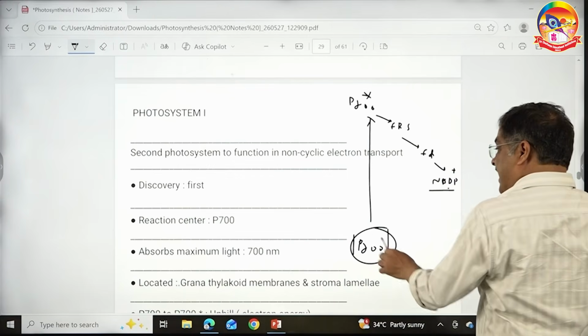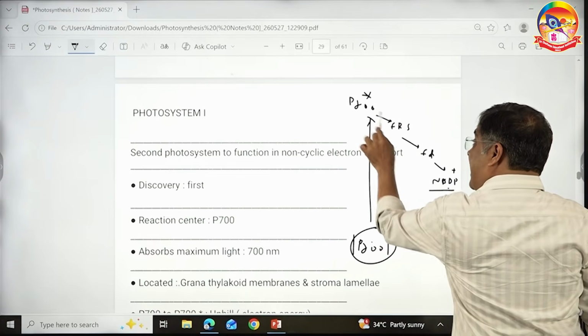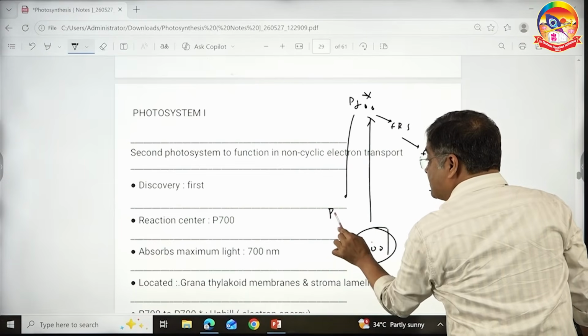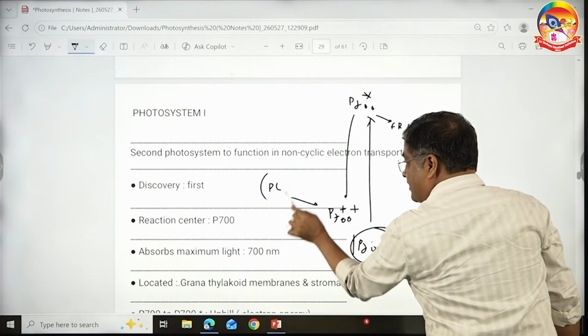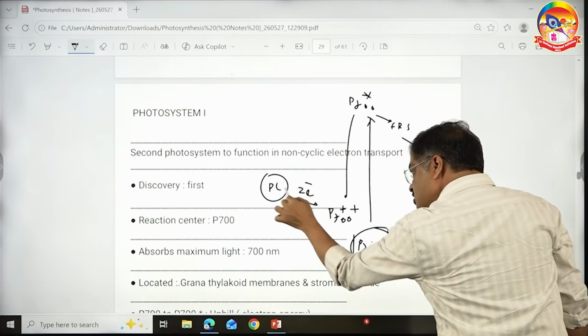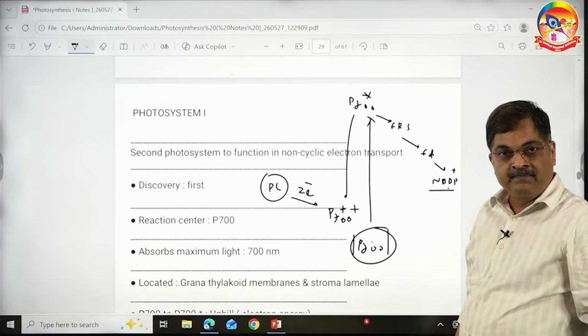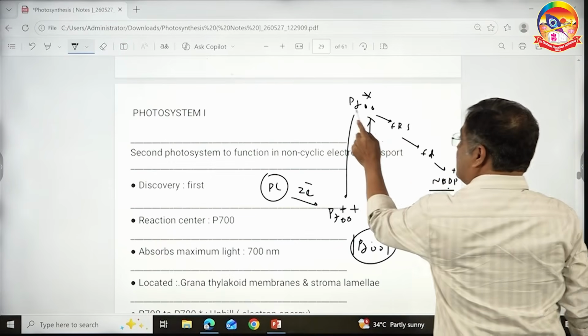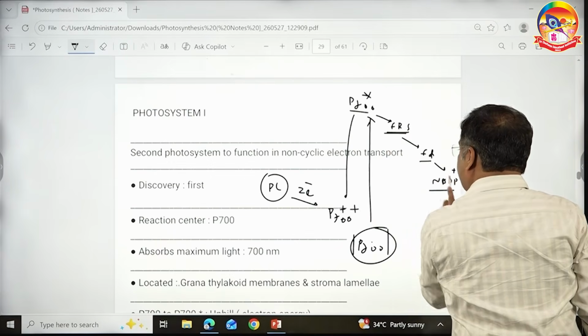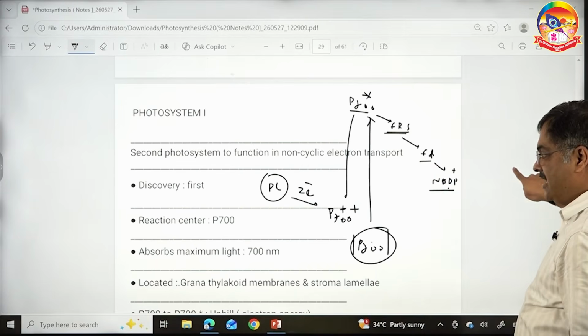When P700 star loses 2 electrons, it becomes P700 plus plus. Now plastocyanin is going to give its 2 electrons to P700 plus plus. This is photosystem 1 operating: P700 star, ferredoxin reducing substance, ferredoxin, and ultimately NADP plus.